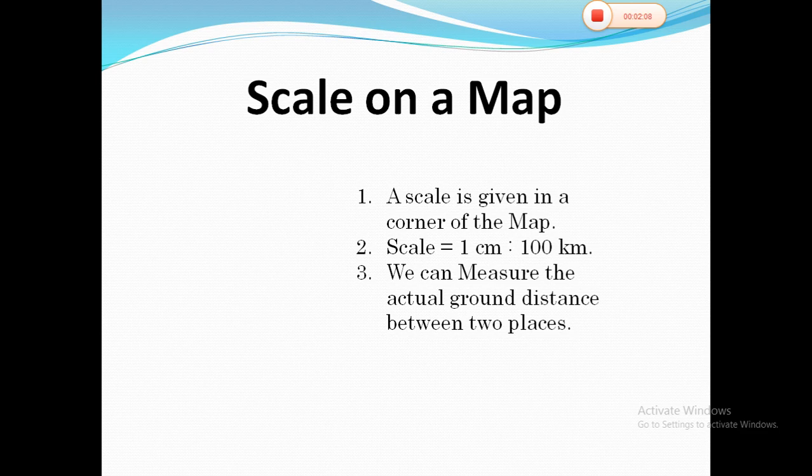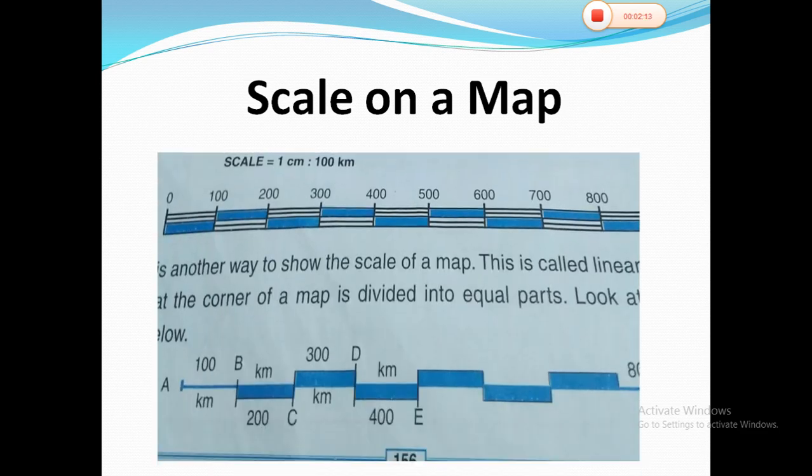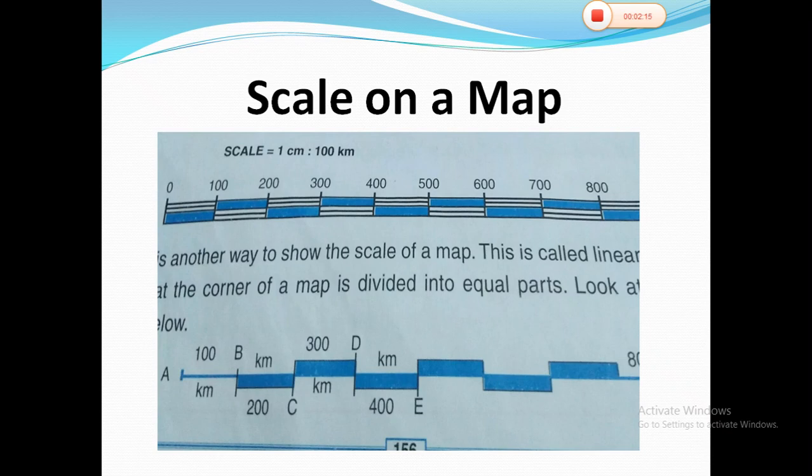There is another way to show the scale of a map. This is called a linear scale. A line drawn at the corner of a map is divided into equal parts. Look at the diagram. A is the starting point. It stands for 0. The distance between two points is shown as 100 kilometers.